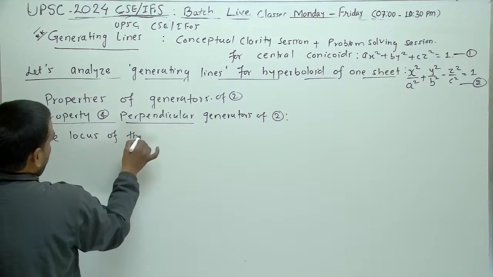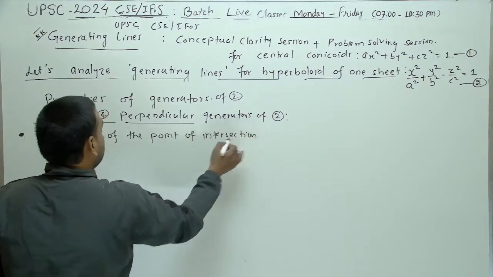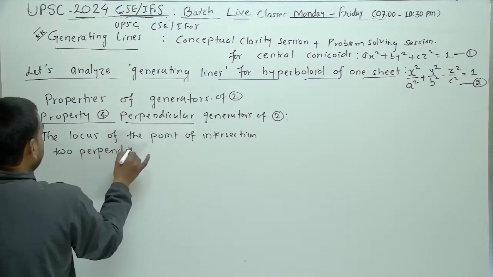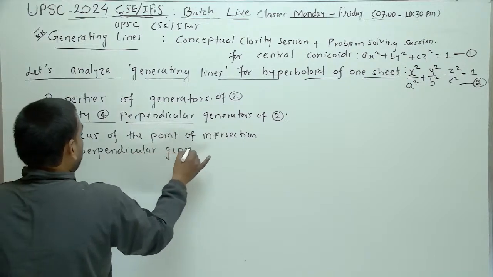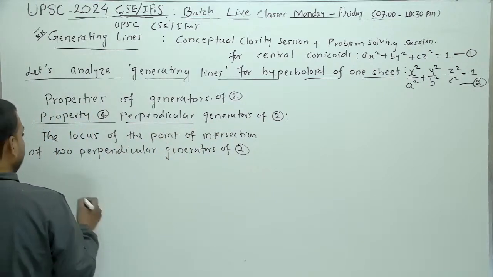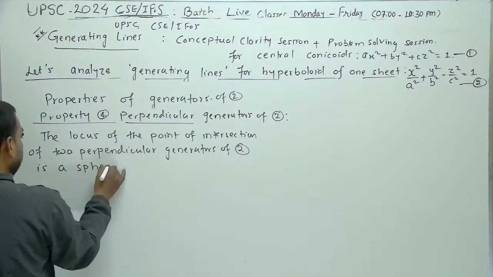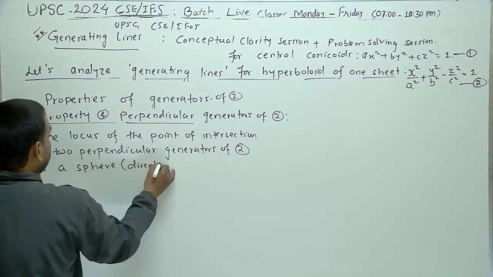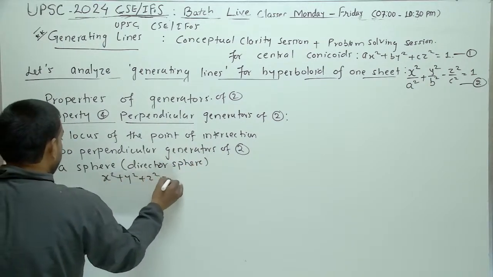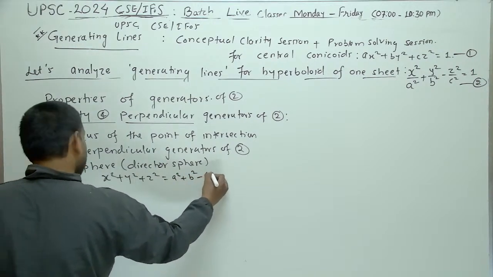The locus of the point of intersection of two perpendicular generators of hyperboloid of one sheet is a sphere, and that sphere we will call the director sphere. x square plus y square plus z square equals a square plus b square minus c square.